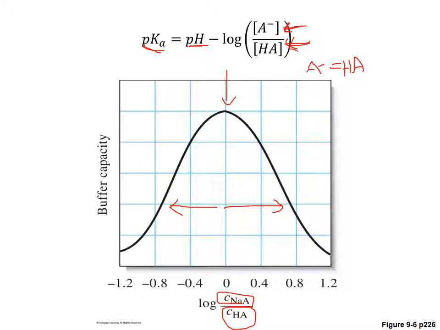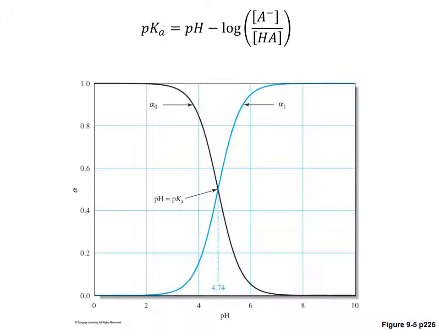And so we can see that there's a relationship between the ratio of A- and HA and how much we can actually change the pH. That's called the buffering capacity. Now we'll also see that depending on where the pH is, that's going to tell us a little bit about what's actually present in solution.